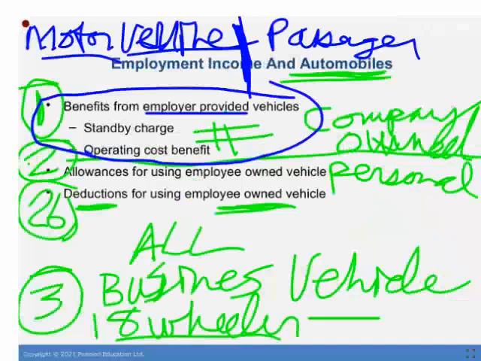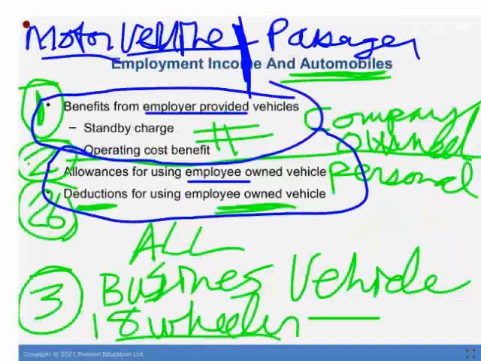We'll run those calculations. In scenario number 2, the employee or the worker provides the vehicle. If you're providing your own vehicle and using it for work, there's a potential you can deduct costs related to that.